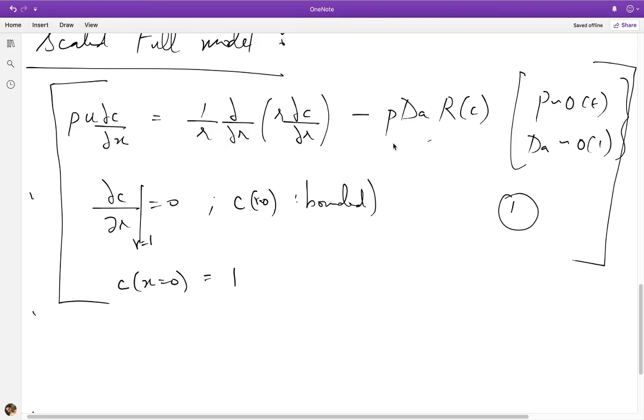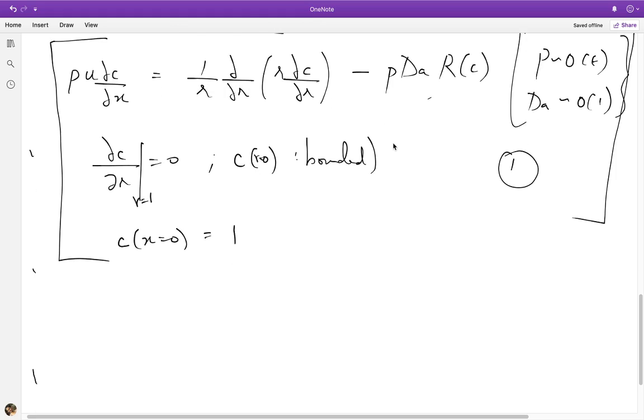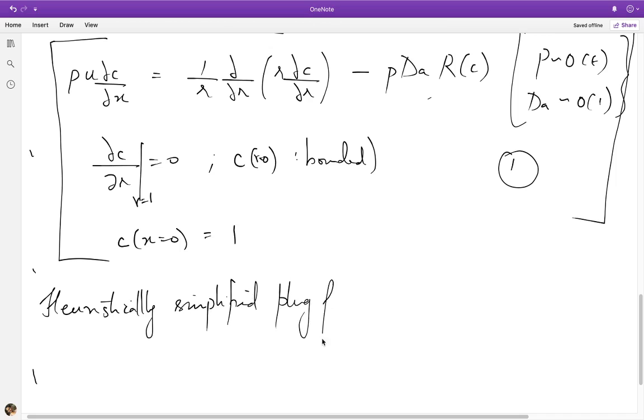But before we proceed to the method of averaging, it's useful to first consider how this model reduces to the ideal plug flow model that we have studied previously. So let me first look at the heuristically simplified plug flow model.